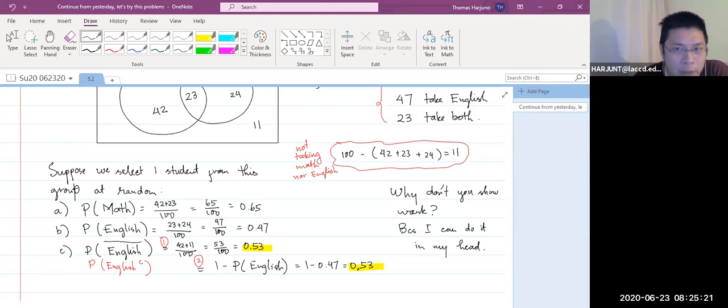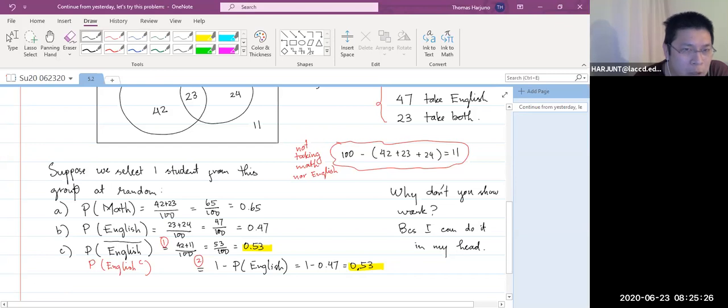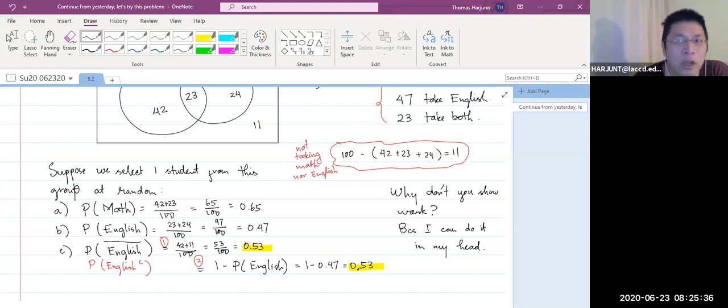No, you don't want it that way, right? Remember, when I grade you, I have to grade you based on what you write, not based on what I think you write. I have one wife, that's enough. She is the only person I have to read her mind, and I'm still working hard for that. You know, I love my wife so much, that's why I want to do it.